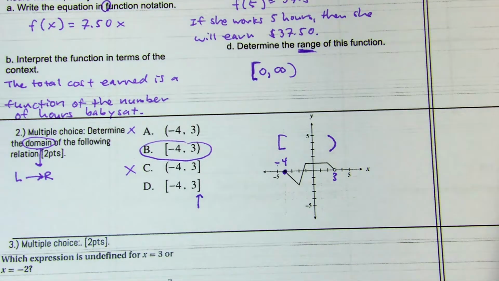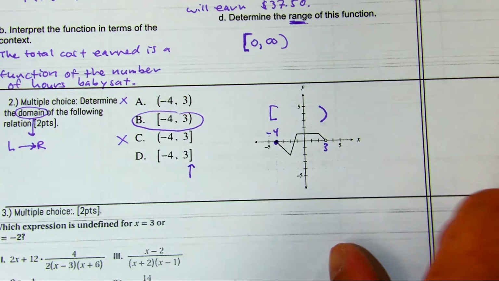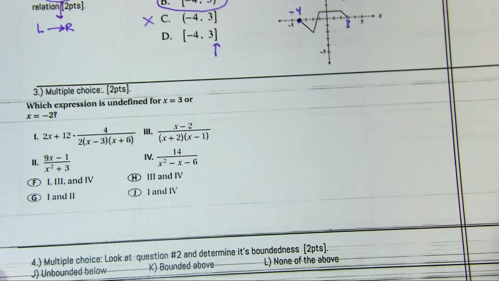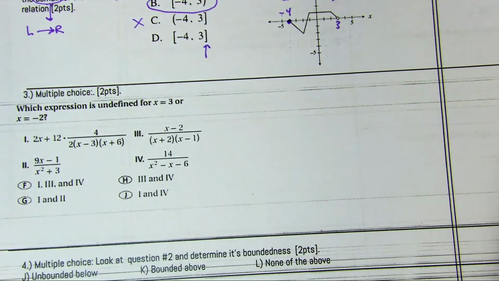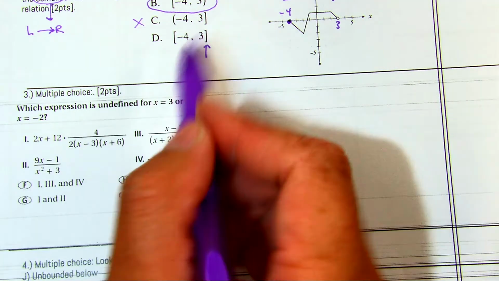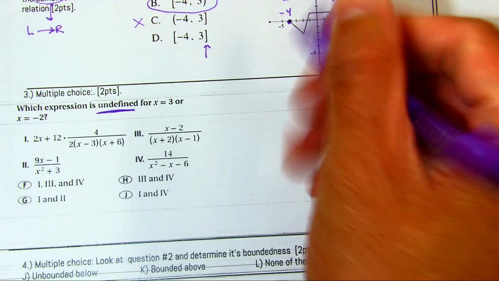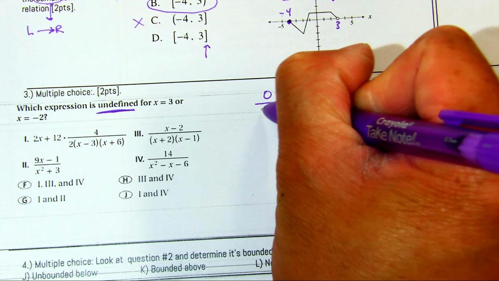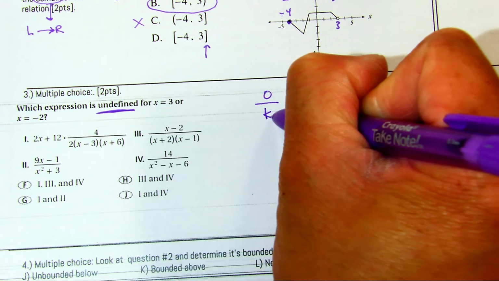Question number 3. Which expression is undefined for x equals 3 or x equals -2? So undefined. 0 divided by a number is okay.